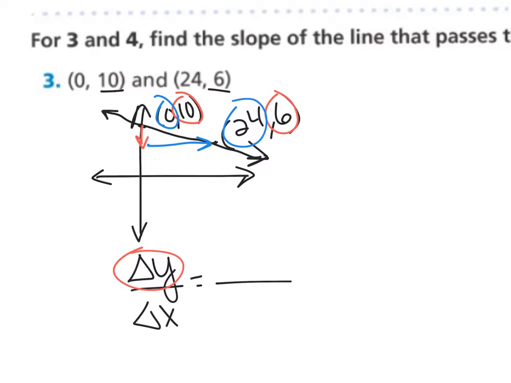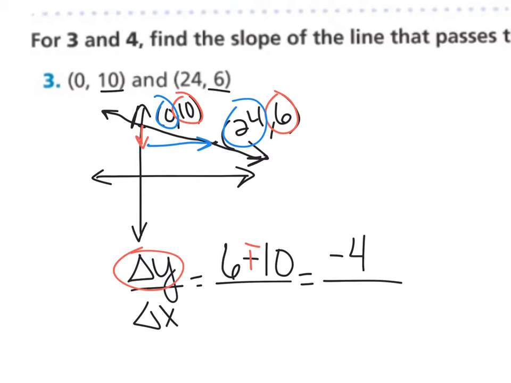If we go from 10 to 6, that's going down by 4, so change in y is going to be a -4. If you wanted to work something out with that, you could do 6 minus 10, and then if you add the opposite, 6 plus -10 is -4.